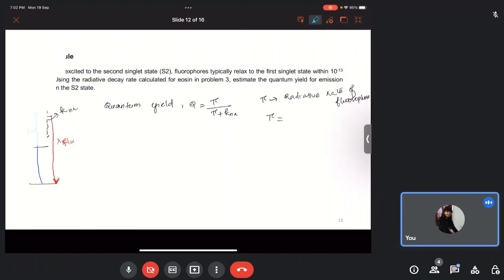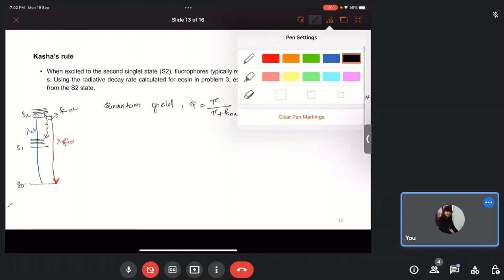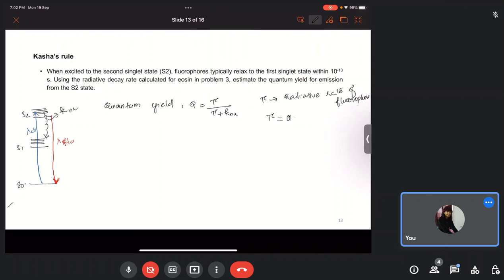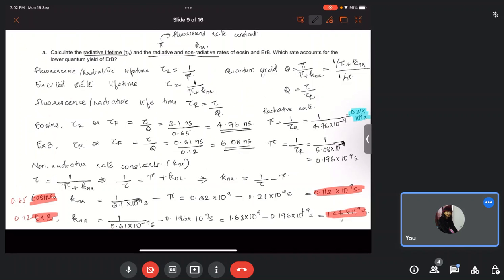We have to use that here. One thing, it should be second inverse; all these things should be in second inverse.